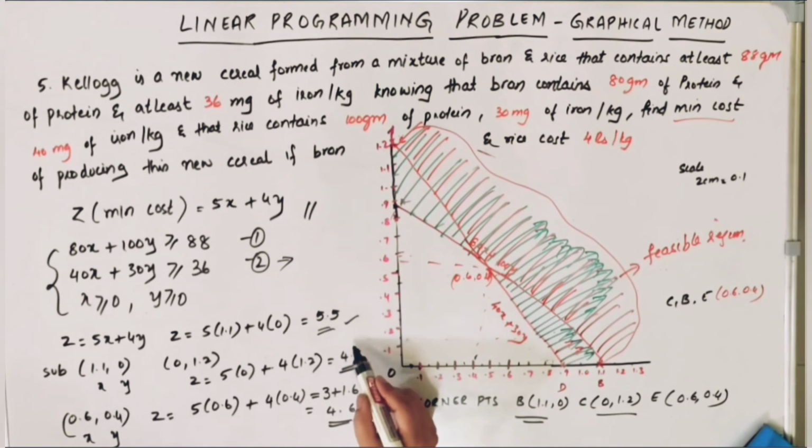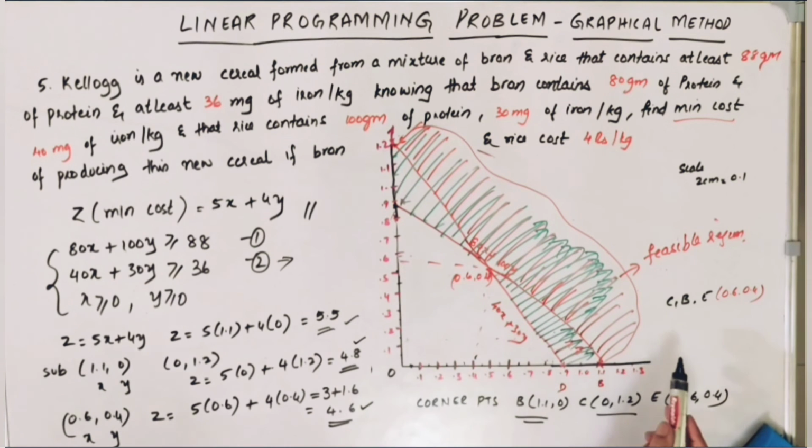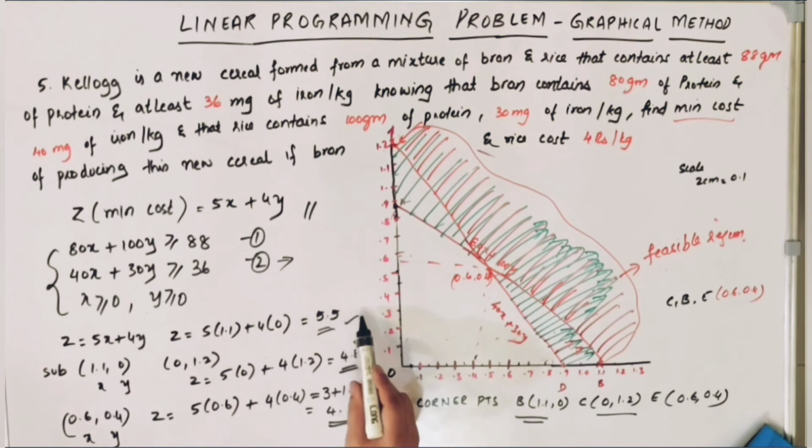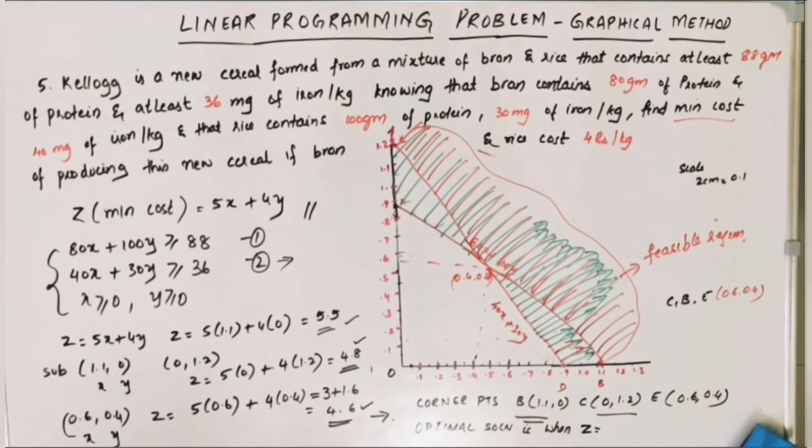So these are the feasible solutions. By substituting the corner points, we get feasible solutions. And since we have to minimize the cost, we will take the minimum of these values. Least is 4.6. So this becomes our optimal solution.